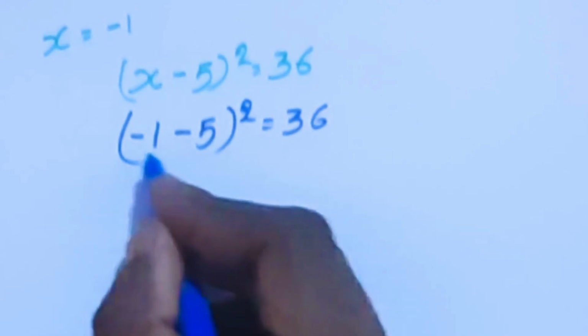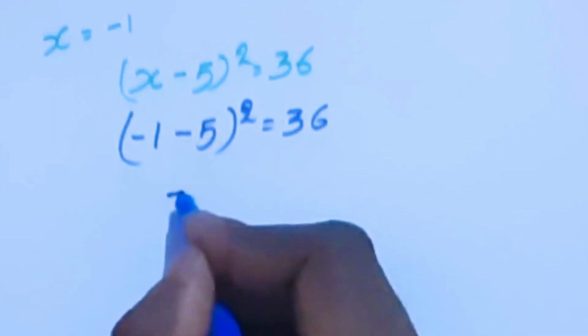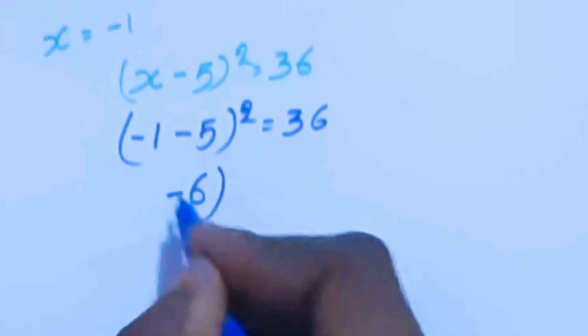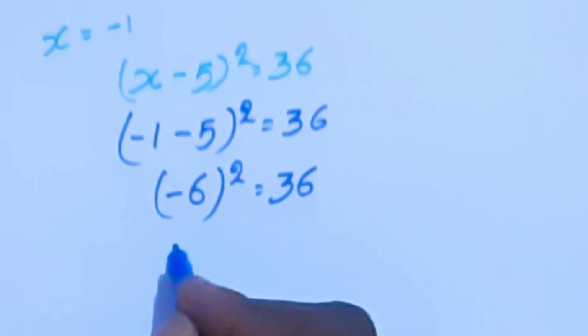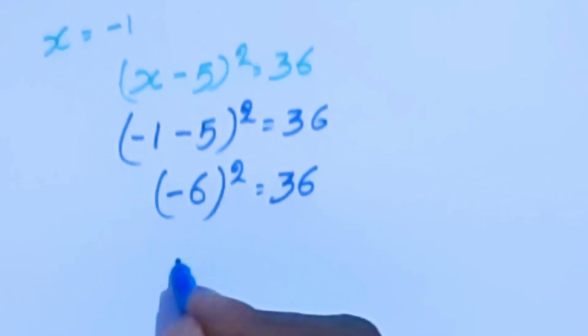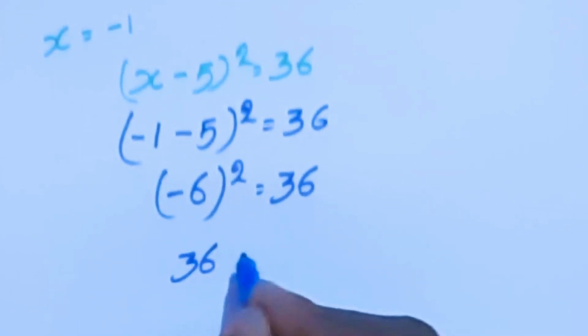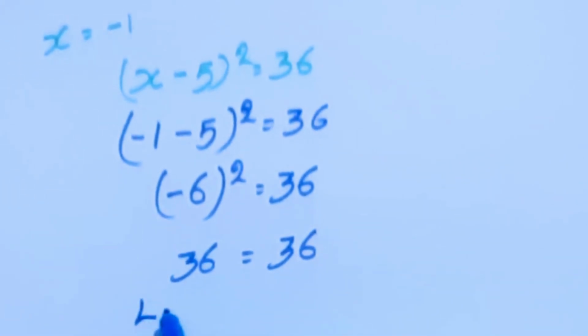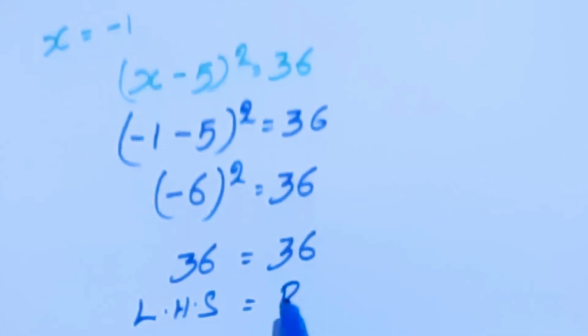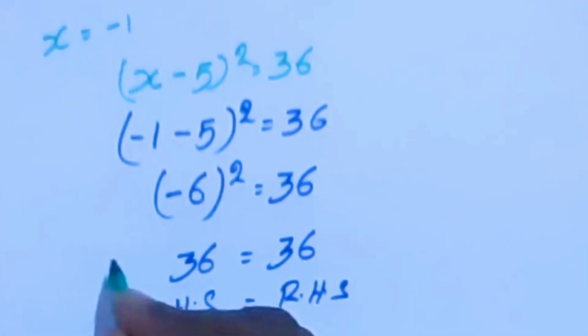Here it is minus 1 minus 5 is minus 6 whole square equal to 36. Here minus 6 square is 36. So LHS equal to RHS. Here also proved.